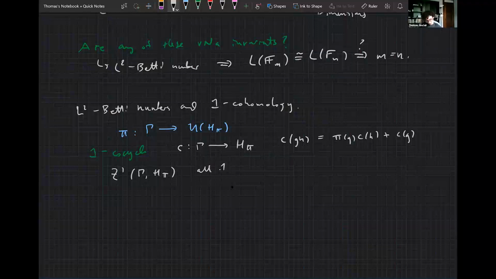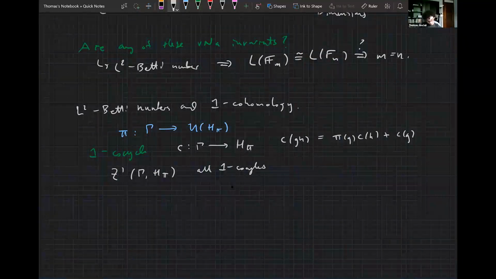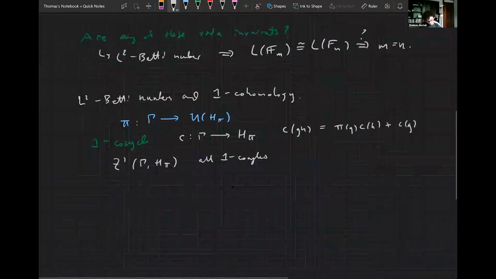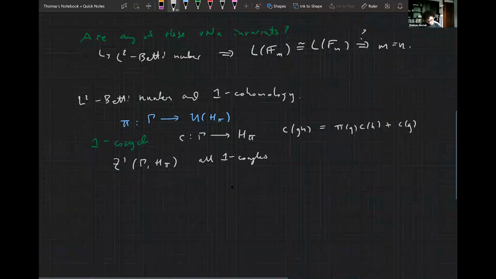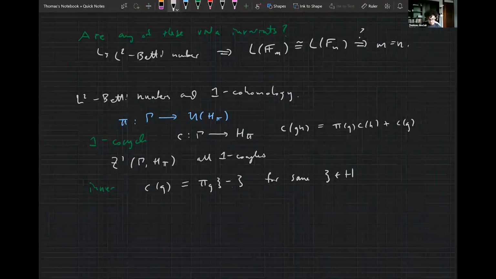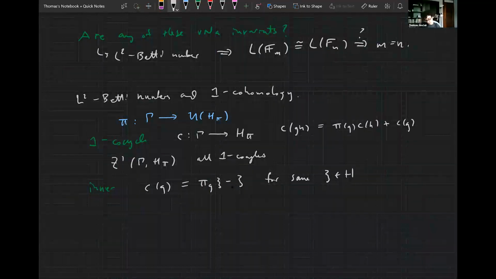Now there are kind of boring ones among these, and these are the inner one cocycles, which are simply implemented by taking this kind of differential against a fixed vector.